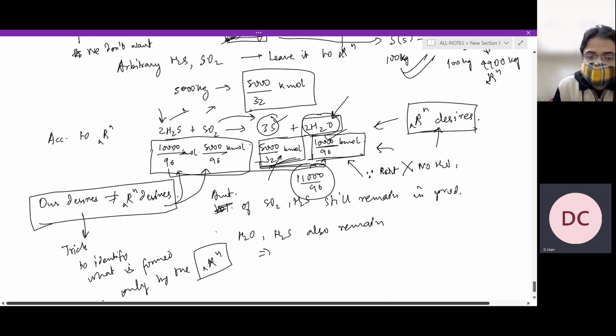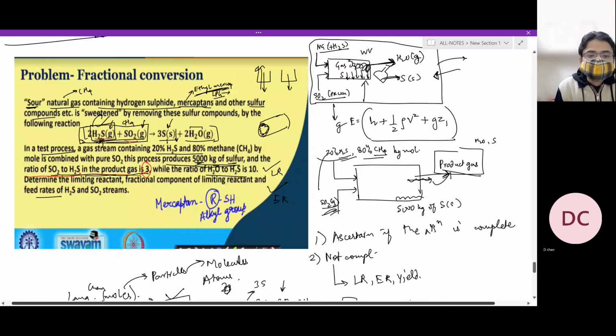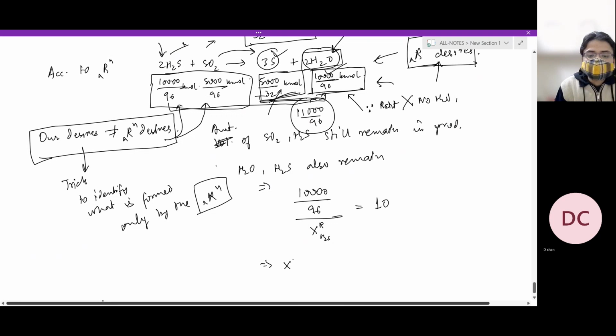So since you are given that the ratio of the amount of H2O to the amount of H2S is 10, this implies that 10,000 over 96 divided by, let's say, X H2S, and let's denote the remaining part as R, is 10. And this implies that the remaining part of H2S is 1,000 over 96, right?